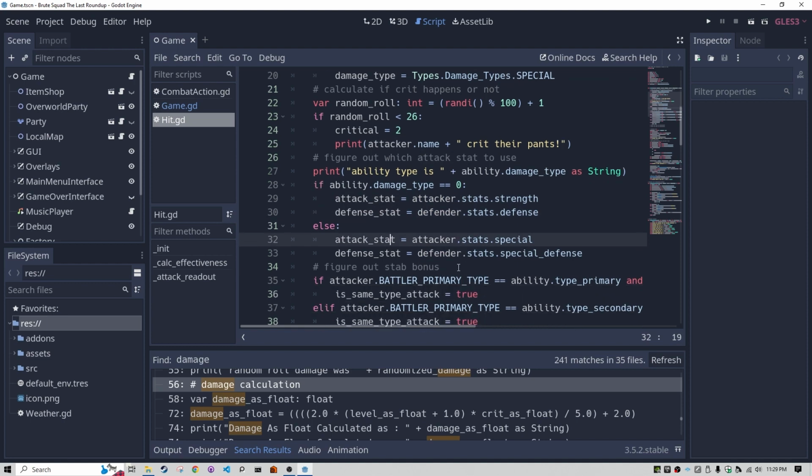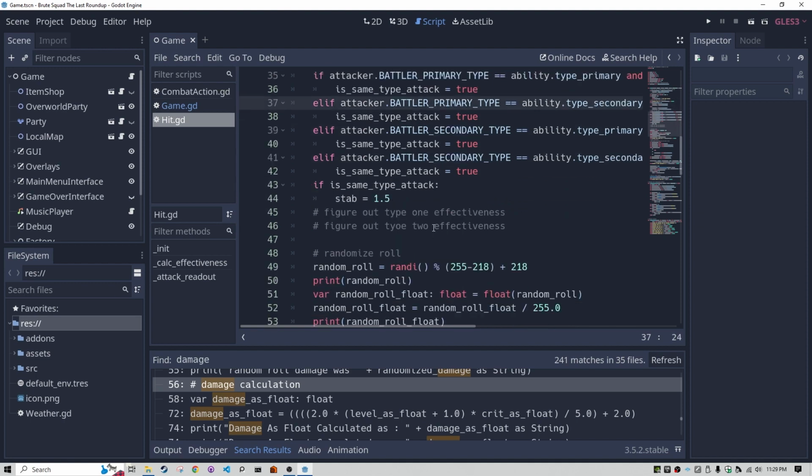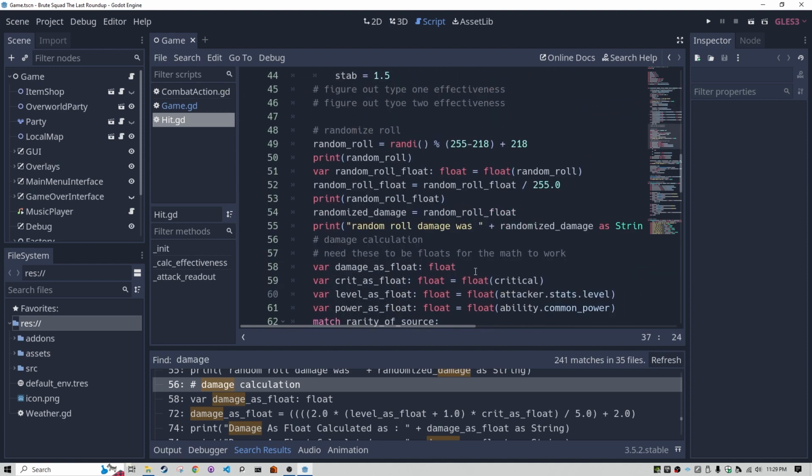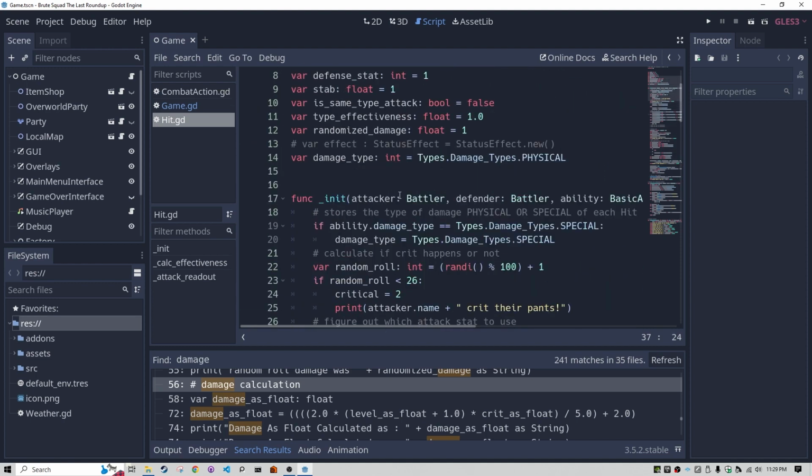So, I realize if you haven't been coding very long, a function like this might look a little bit intimidating. I promise it's not. What I want you to understand is that this is us using parameters in order to have a one-size-fits-all damage calculation function.